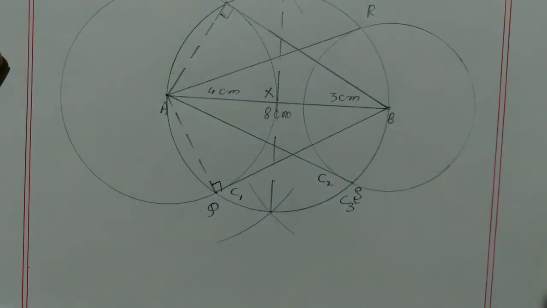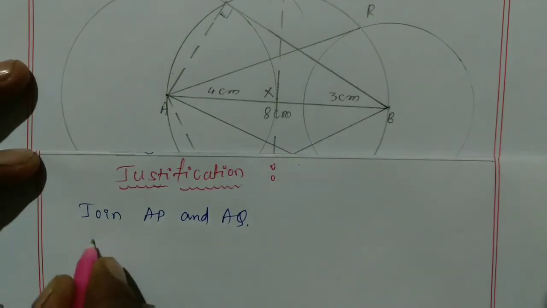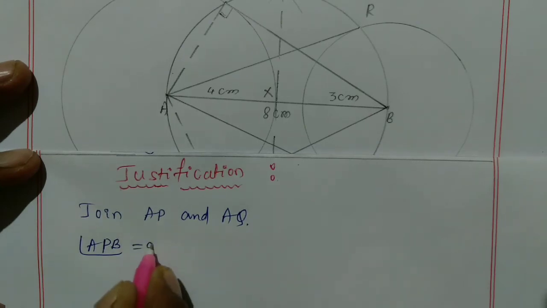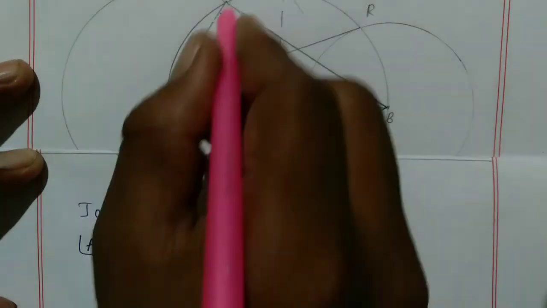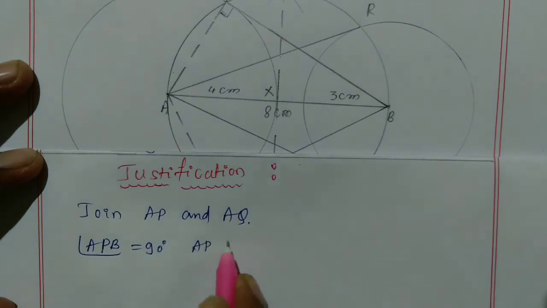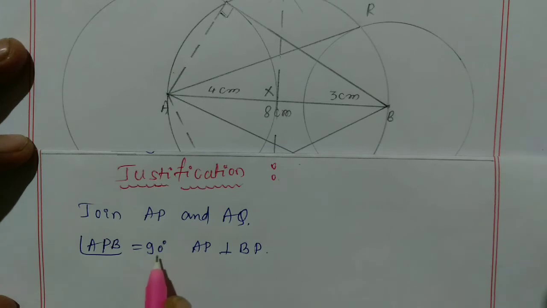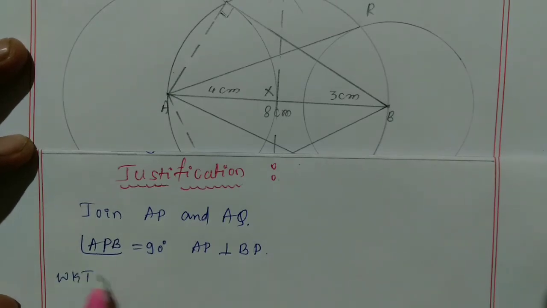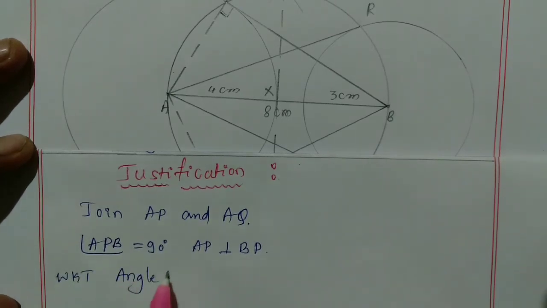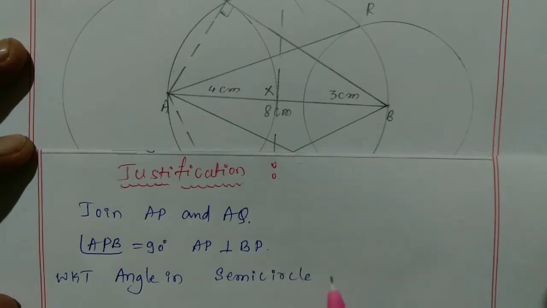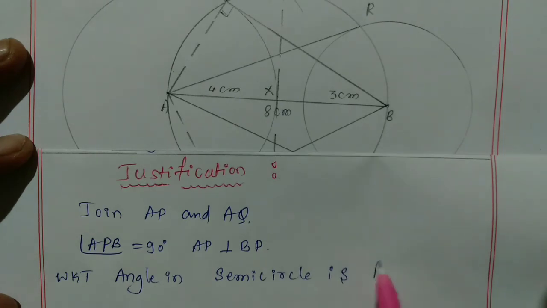Okay. So I will write here angle APB equal to 90 degree, and AP is perpendicular to BP. So why is this 90 degree? We know that angle in a semicircle is a right angle.